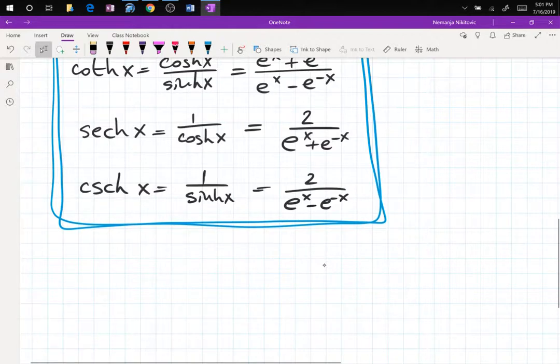Okay, open in a new tab. There we go. All right. So here on the screen, I can draw this, but here are all six. I will draw this as well.